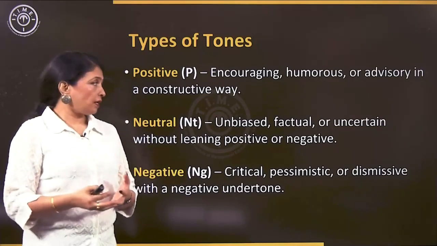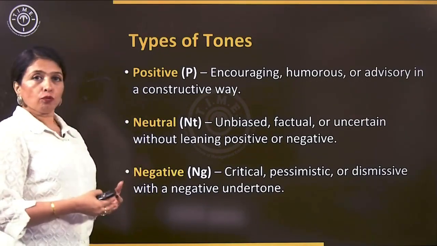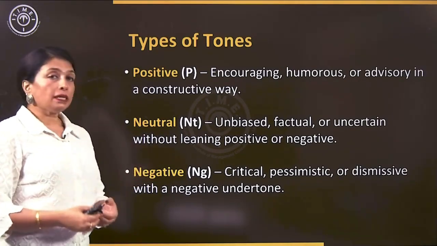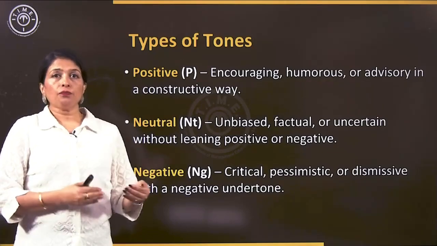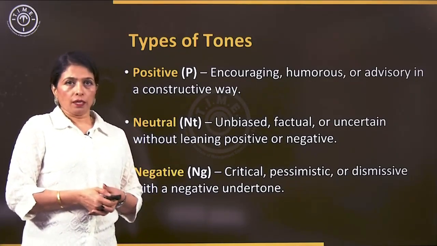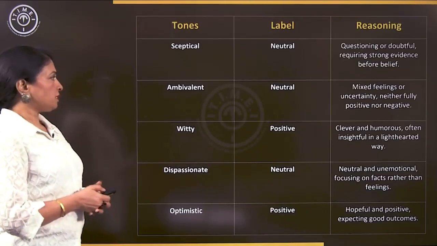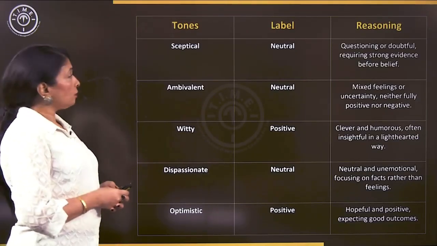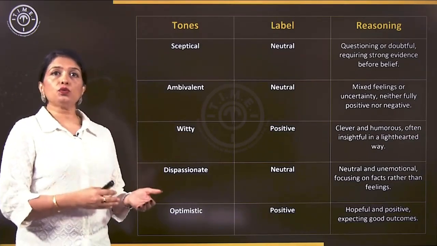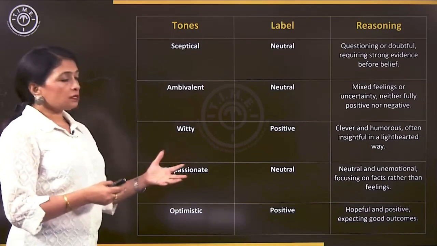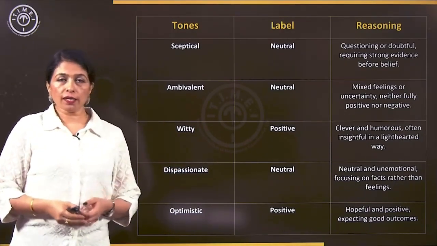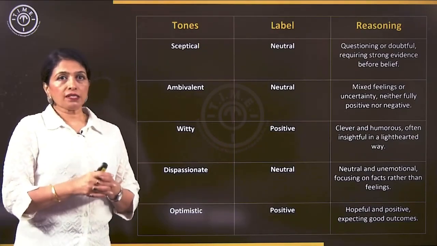They are unbiased, they are therefore called objective, and they are uncertain without leaning towards any angle, neither towards positivity nor towards negativity. Okay, so with this in perspective, let's take a look at different tones that can be classified as positive, neutral or negative, and this table here will help you when you come across these words in context. It will help you understand what exactly they convey.